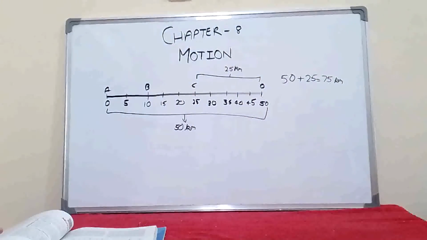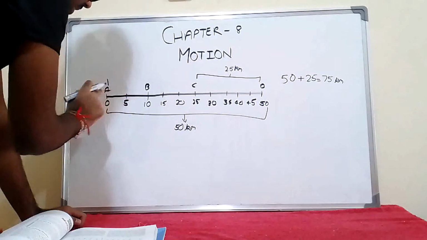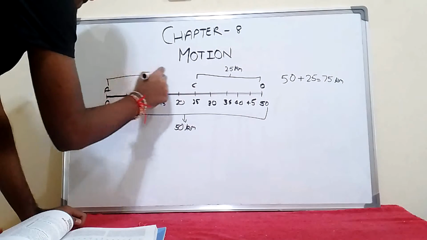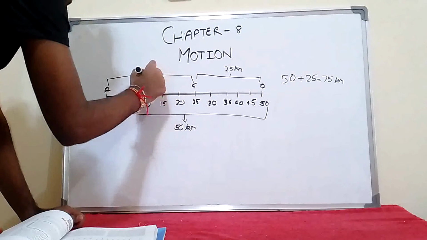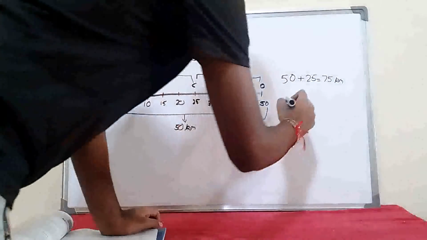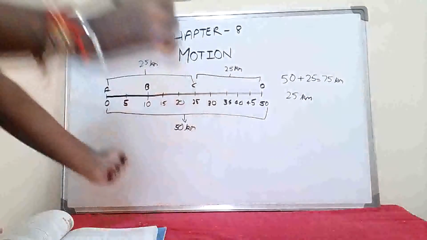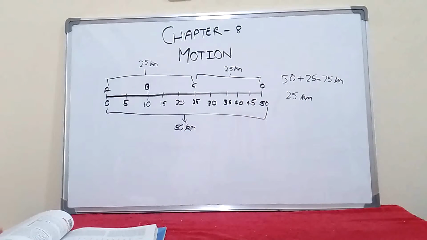But what is the displacement? Displacement is the distance between the initial point and the final point, that is C, which is 25 kilometers. So displacement is going to be 25 kilometers. Here we get an idea of the difference between distance and displacement.